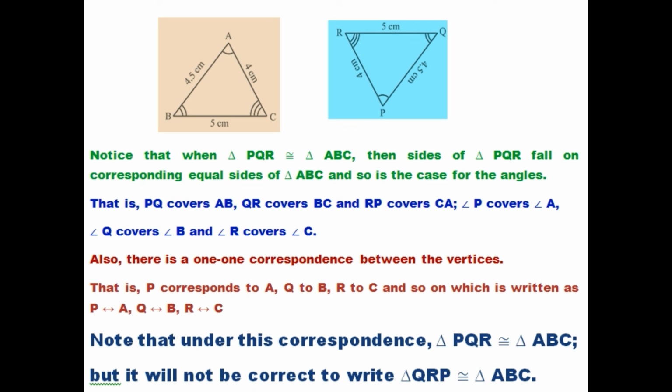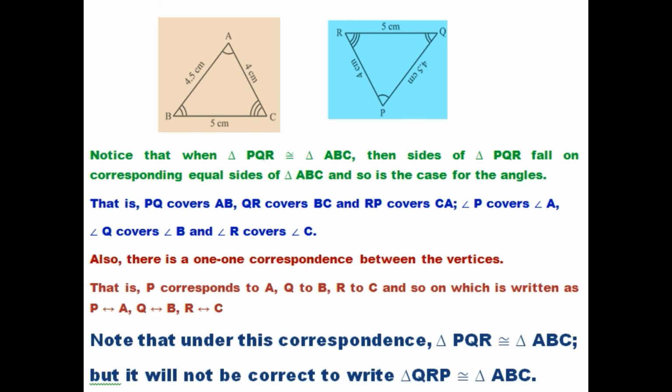Now you see the diagram. ABC is a triangle and PQR is another triangle. Notice that when triangle PQR is congruent to triangle ABC, the sides of triangle PQR fall on the corresponding equal sides of triangle ABC. That is, PQ covers AB, QR covers BC, and RP covers CA.